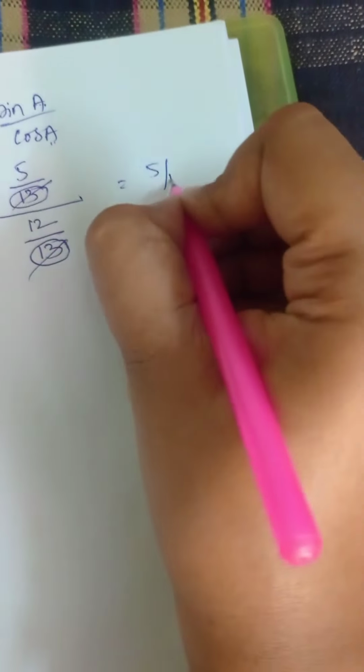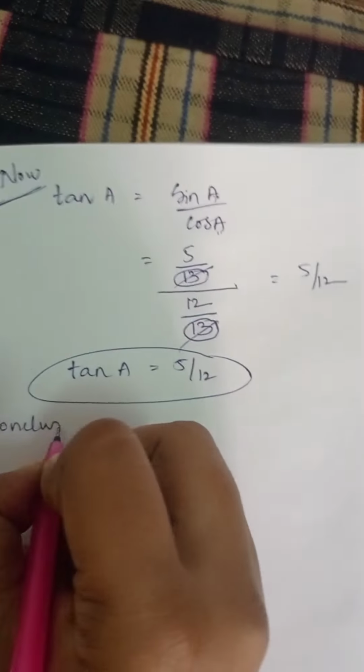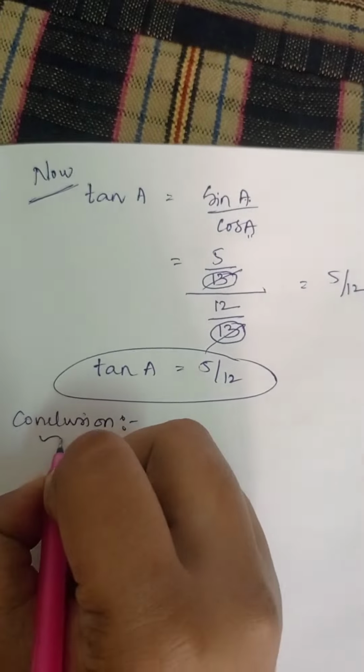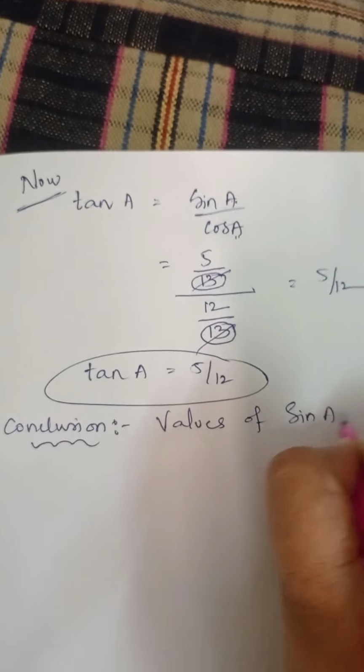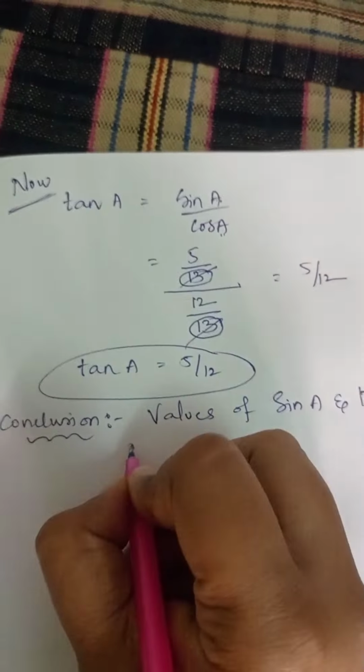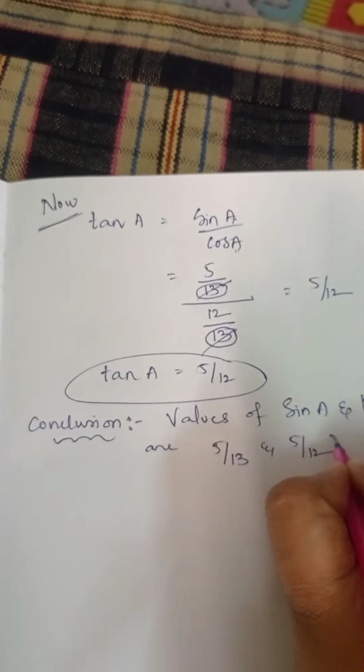So denominators get cancelled. We'll have 5 by 12. Tan A is equal to 5 by 12. Now we can conclude the answer. Conclusion: the values of sin A and tan A are 5 by 13 and 5 by 12 respectively.